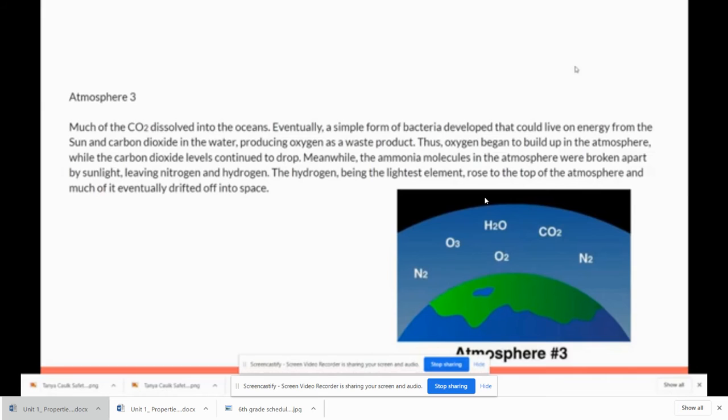That oxygen began to build up in the atmosphere. And while the carbon dioxide levels started to drop, because remember, they're consuming the carbon dioxide and they're releasing oxygen, so the carbon dioxide was getting less and less, oxygen getting more and more. Meanwhile, those ammonia molecules in the atmosphere were broken apart by the sunlight, and that left nitrogen and hydrogen gases. And that hydrogen, being the lightest element, rose to the top of the atmosphere and eventually drifted off into space. All of this leaving us with the atmosphere that we have today.